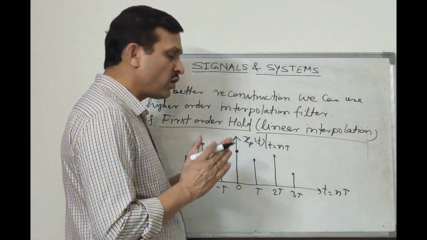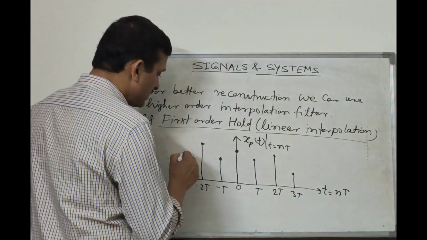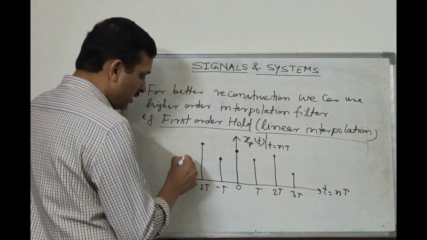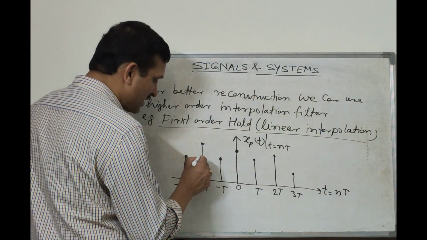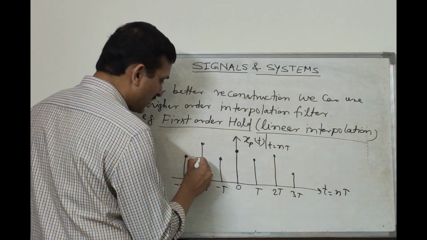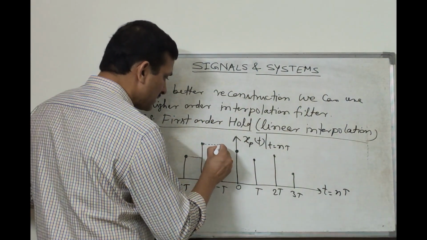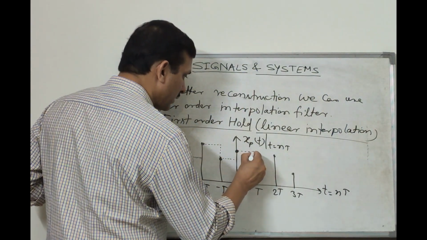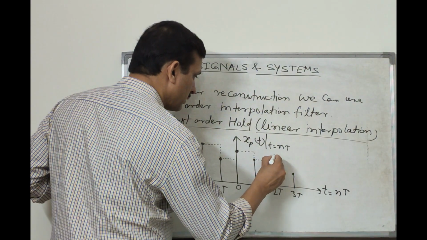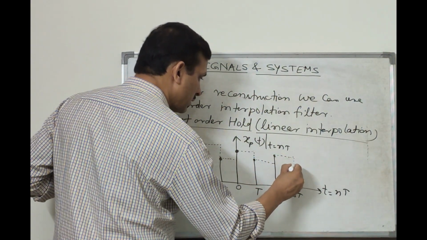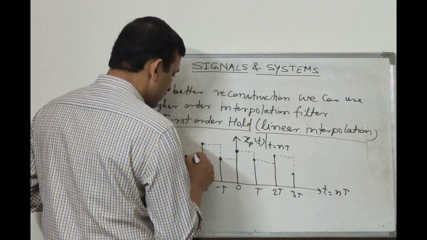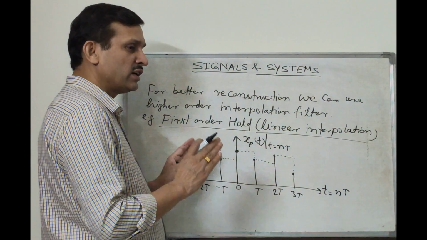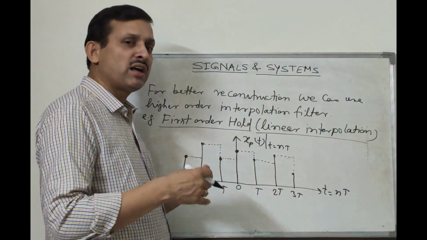In zero order hold, we have seen that from any sample instant to the next sample, it has a constant value like this. This dotted line we have drawn will be the output of zero order hold if x_p(t) is passed through the zero order hold.